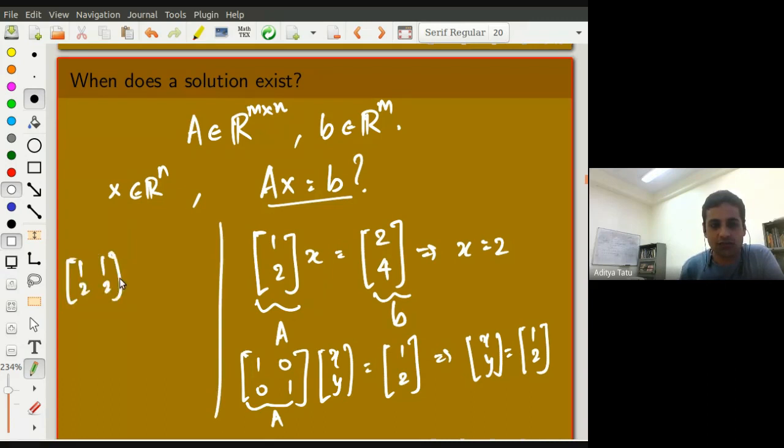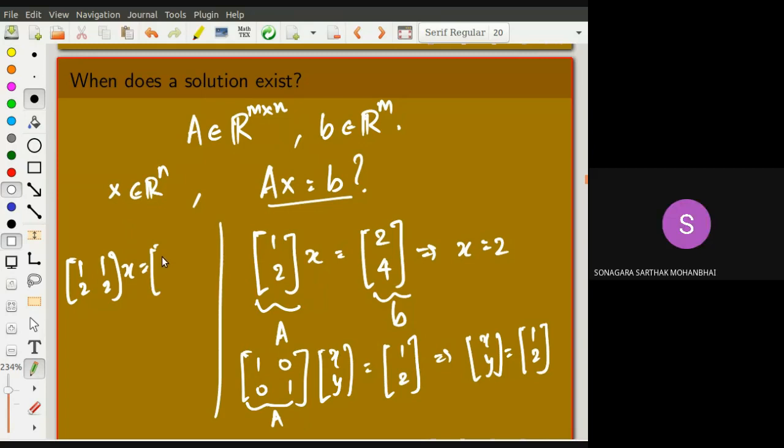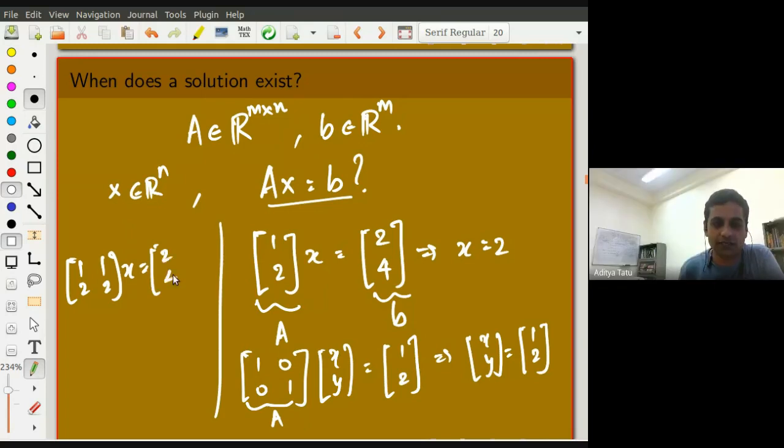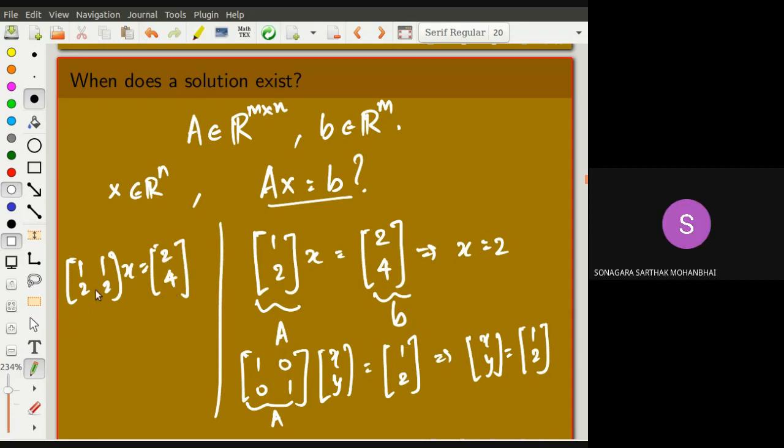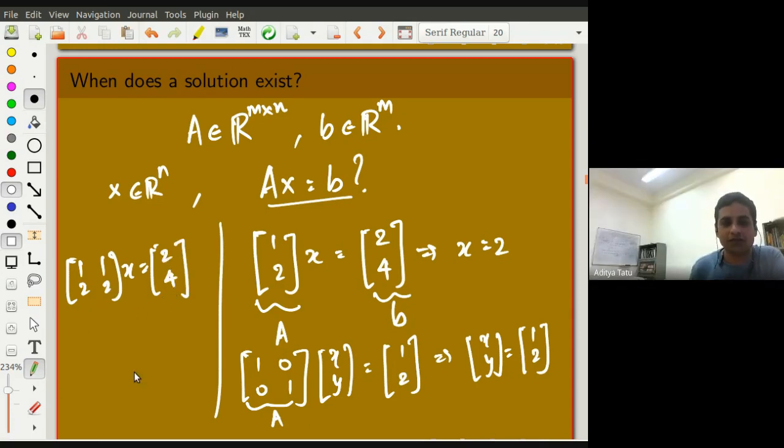1, 2, 1, 2, x equals, and Bi not equal to Bj. Then you are saying the solution will not exist. So this is a counter example to what you are saying, right?